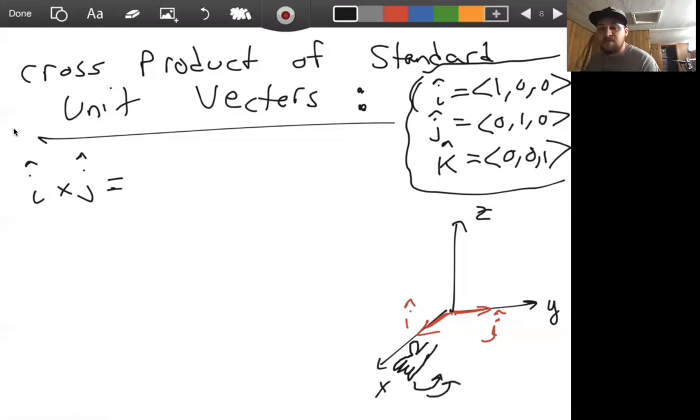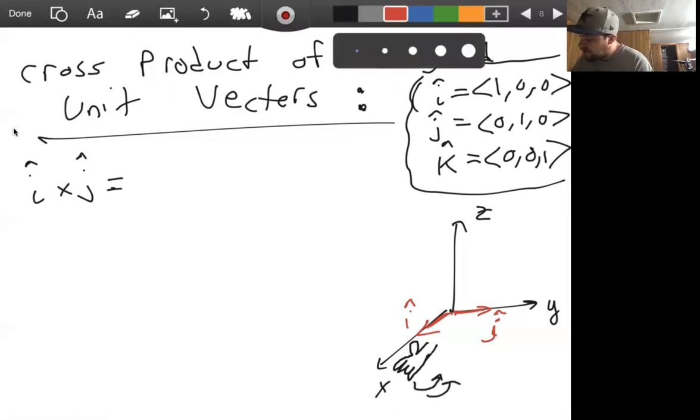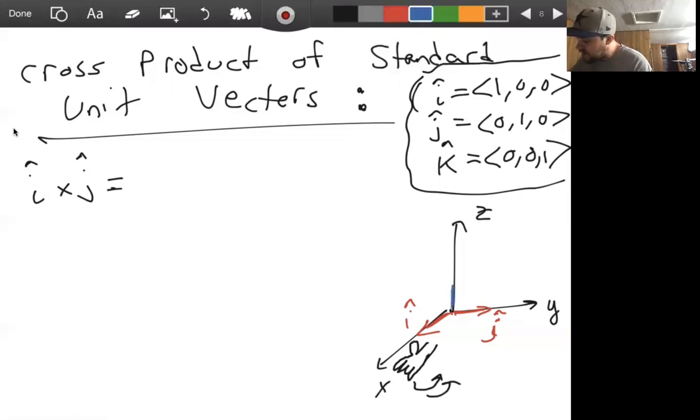And that would give us a thumbs up, which means whatever i cross j is a unit vector that's perpendicular to both the x and y axis. So that means it lies along the z axis. And so this here is i hat cross j hat.